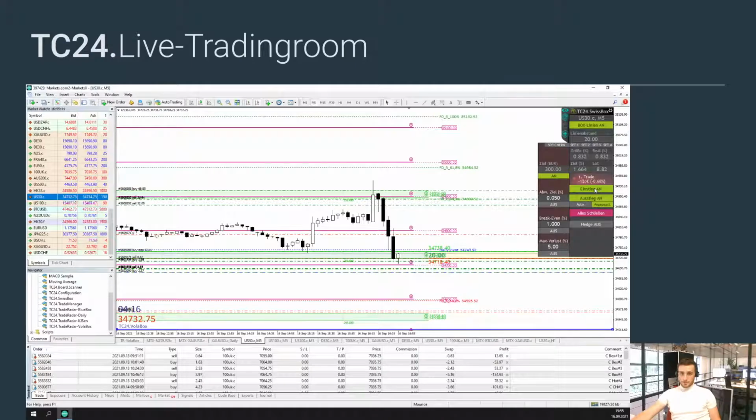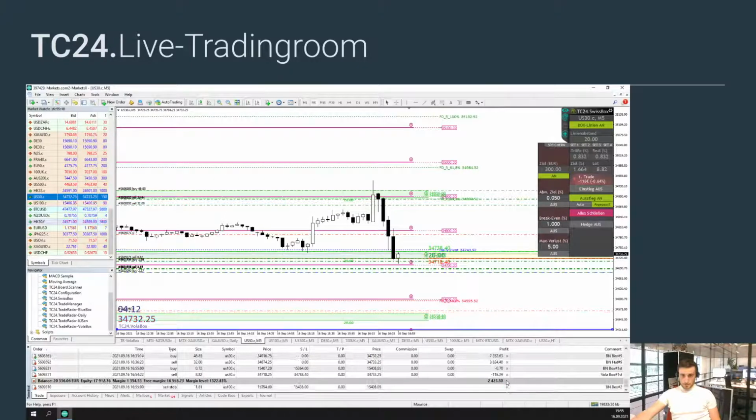I have a feeling that we're going to trigger that. No, don't want to trigger that. Feeling it will retest that daily pivot before it drops, and I don't want to trigger that trade.